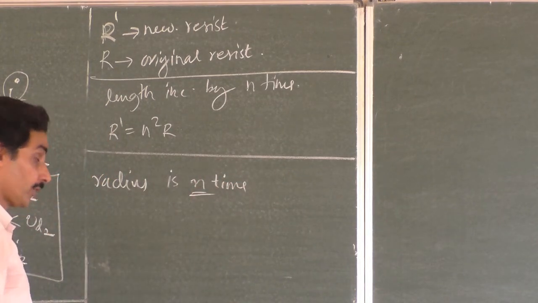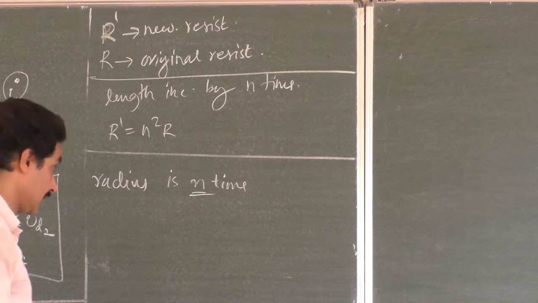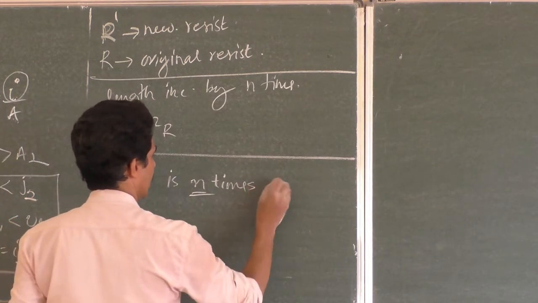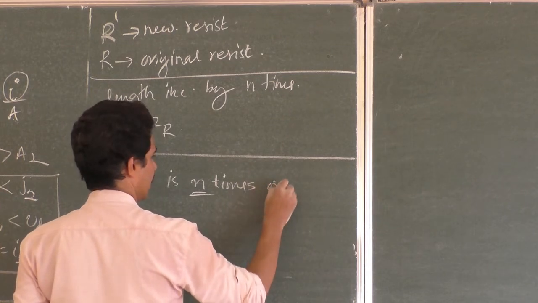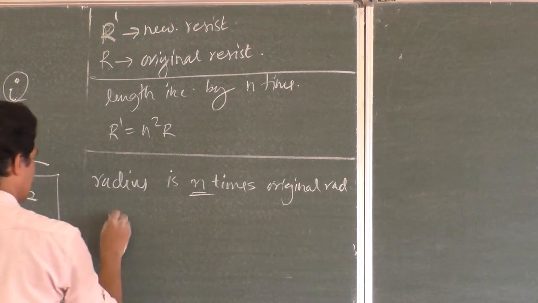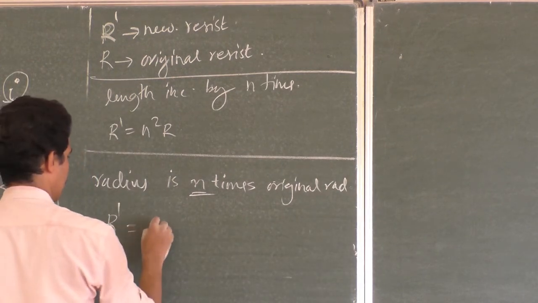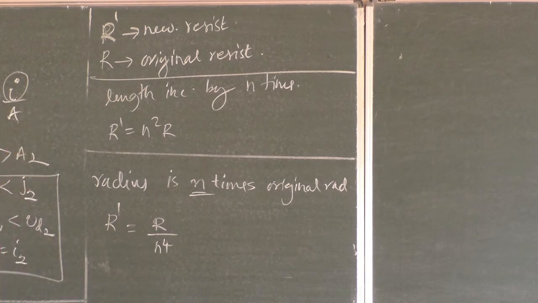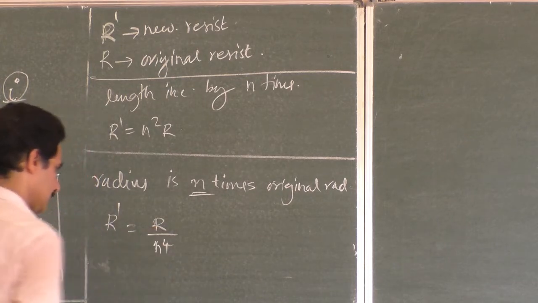If it is stretched, of course, the radius should get decreased, so it is a ratio. Radius is n times the original radius, then the new resistance is old resistance by n to the power 4, because already it is pi r square. Then when it is stretched, it becomes n to the power 4. So yesterday we discussed this.